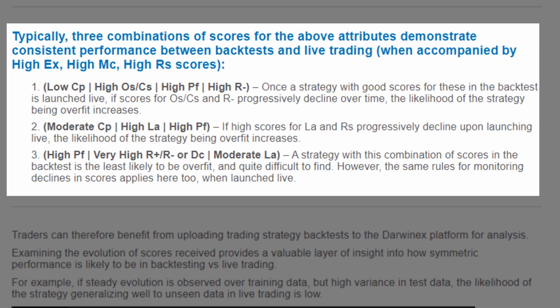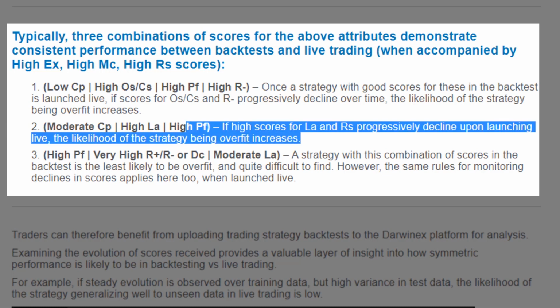And these included the first one being low capacity, high open strategy, close strategy, high performance, and high negative risk consistency. Then the second one was moderate capacity, high loss aversion, and high performance scores. And the third one was high performance, very high positive and negative risk consistency or duration consistency, coupled with moderate levels of loss aversion, moderate scores for loss aversion.